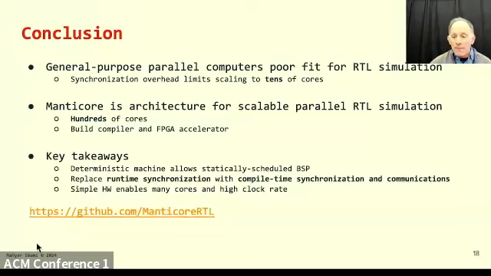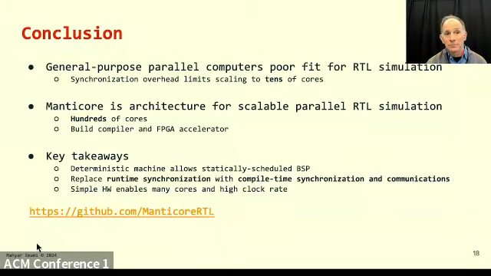But the problem is that all of these other synchronizations on a conventional x64 machine are expensive. The cost of doing a lock acquire and release, even a user space lock, is hundreds of cycles. And if you're computing tens of cycles and then it costs you hundreds of cycles to synchronize, you quickly run out of parallelism.